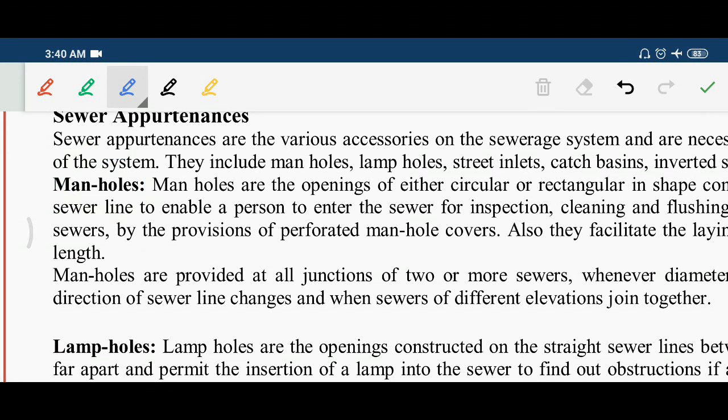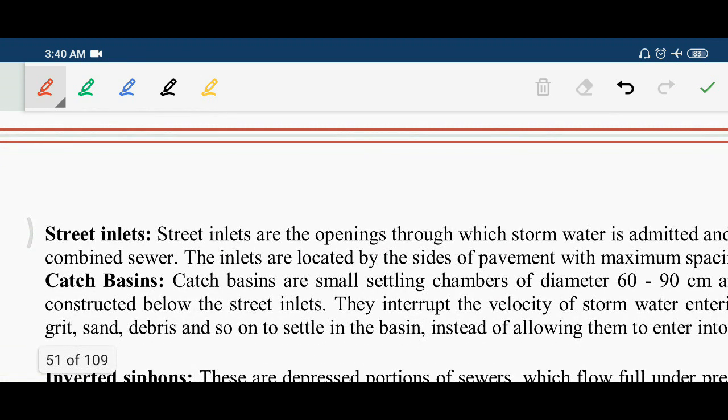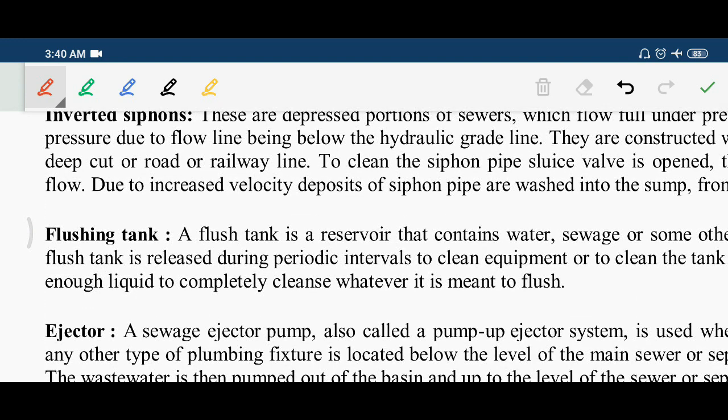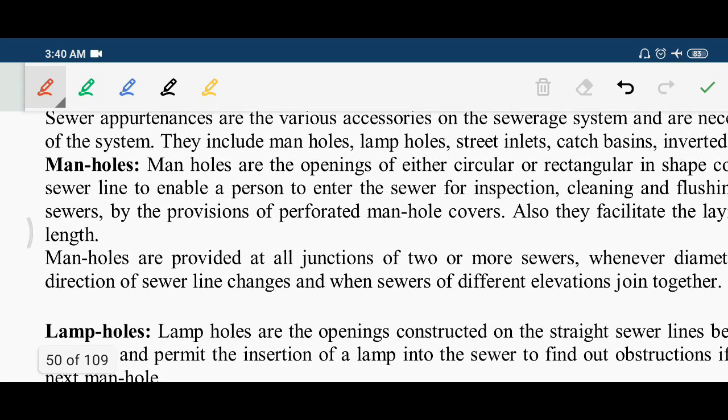This is most important from the exam point of view. Next we have lamp hole, and next we have street inlet. Next we have catch basins, inverted siphon, and flushing tank ejectors. So we'll see manhole.